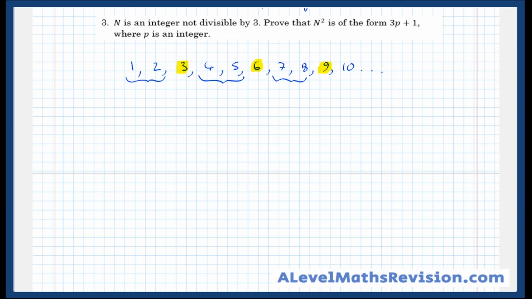There's ones that are 1 more than a multiple of 3, or 2 more than a multiple of 3. Alternatively, you could think of it as 1 less than a multiple of 3 and 1 more than a multiple of 3 as well.